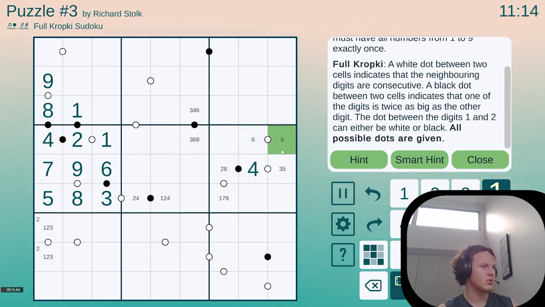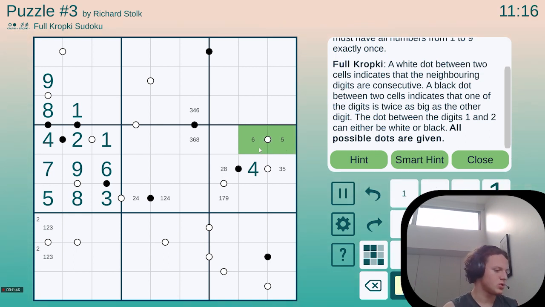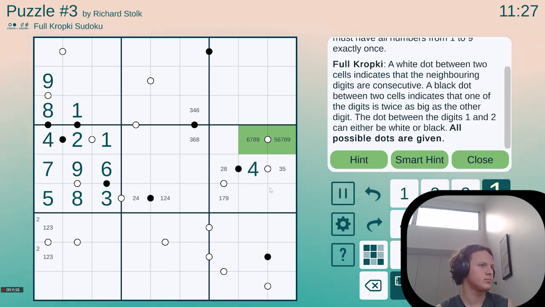Could be a 6, 7, which works. It could be a 7, 8, which still works as well. And it could be 8, 9. So from that we know that 1, 2, 3 and 4 are not on that. But that just doesn't give us anything.